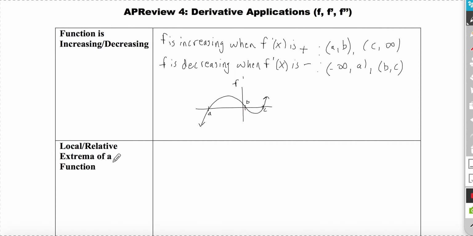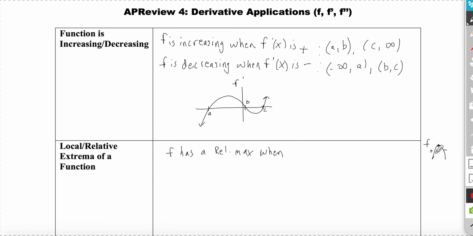All right. We can also use this to determine where there are local or relative extrema of a function. We could say that f has a, I'm going to just abbreviate here, relative maximum when, now if we just think about what happens on a function when we have a maximum, I'll just draw this on the side, a function, like an f graph, has a maximum when the slope or the derivative changes from positive to negative.